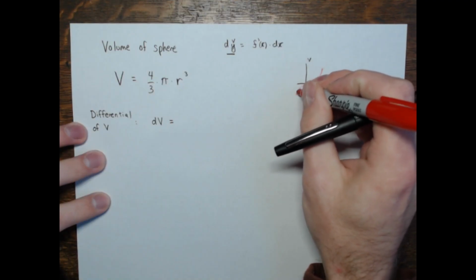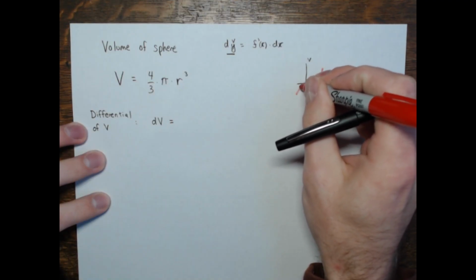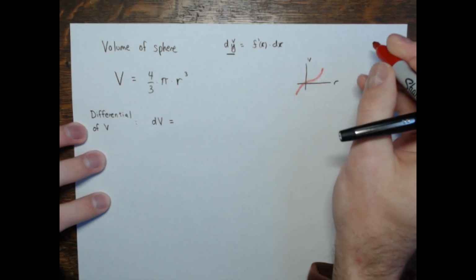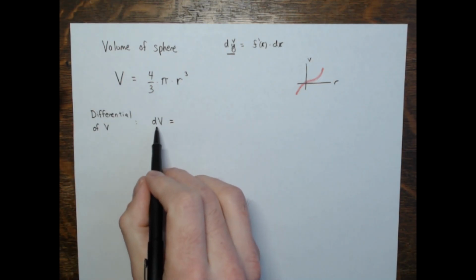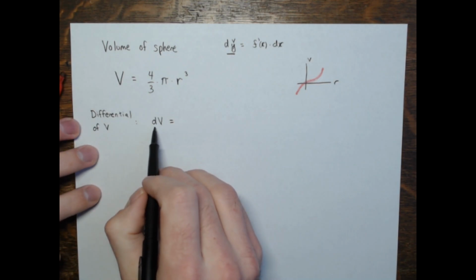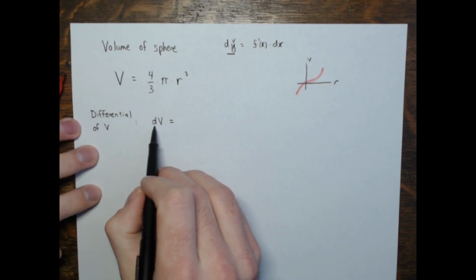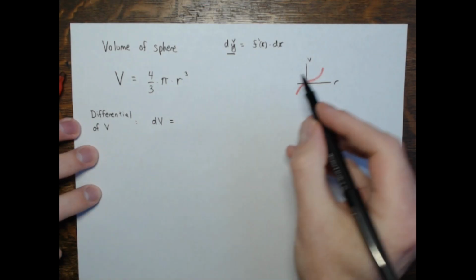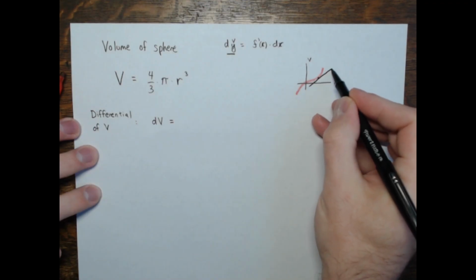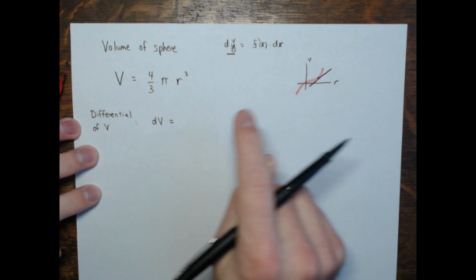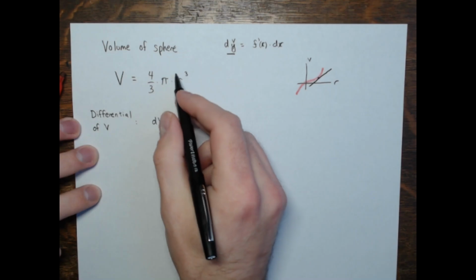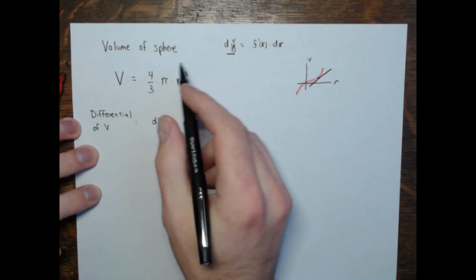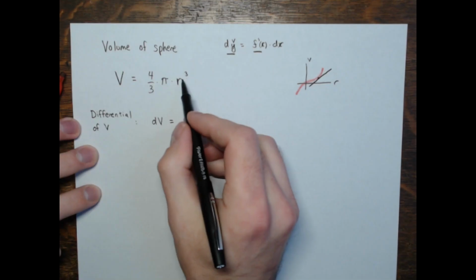Right, this would be some cubic curve where V was some number times r cubed. What we're trying to write here is the differential of V. This is how much volume will change on tangent lines to this curve, right? How much volume will change when I change the radius by so much. So I take the derivative of this with respect to r. Again, that's f prime of r here.